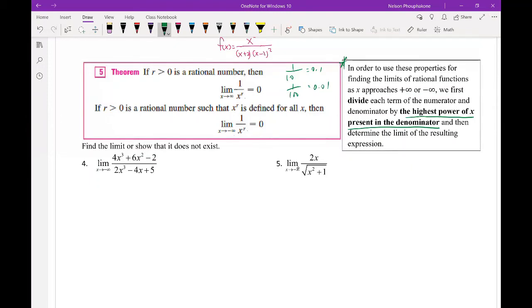Looking at this one, the power in the denominator is x to the power 3. So I'm going to multiply top and bottom by 1 over x to the power 3. Always look at the power in the denominator.